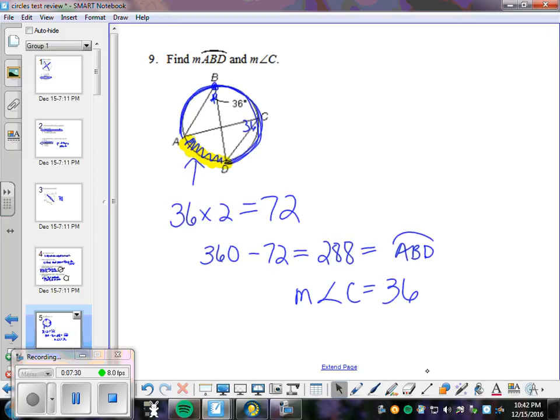Okay, so remember, major arc ABD, take that away from 360 to find 288, and then because they intercept the same arc, they are the same measure angle.